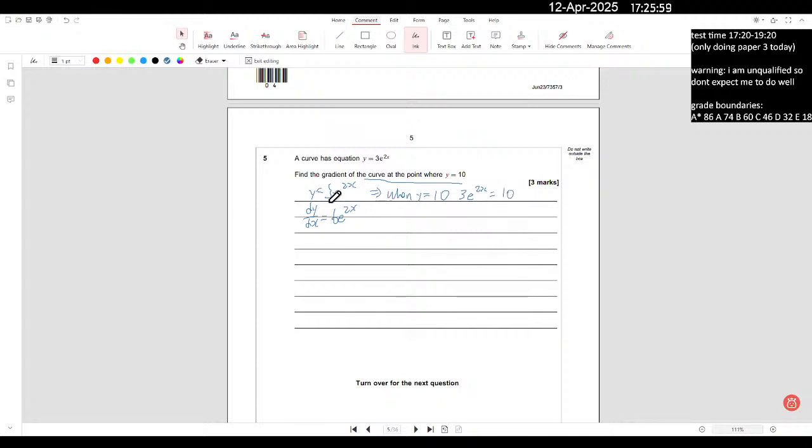I guess you could also make x represent in terms of y, and then do dx over dy, but well, too late, and I think this should be fine as well.